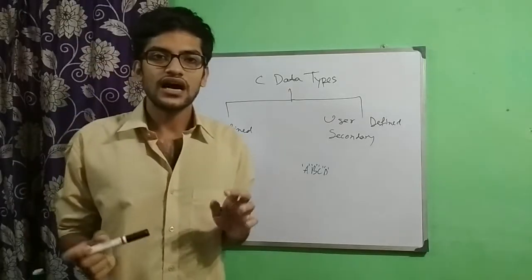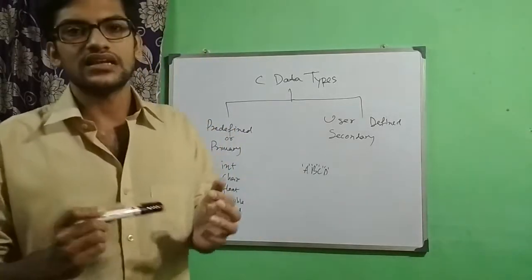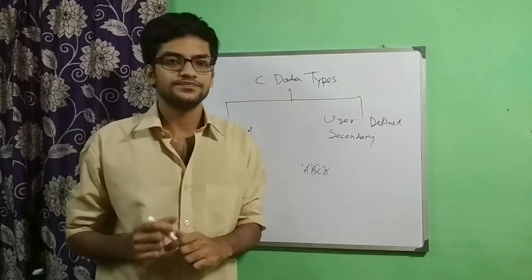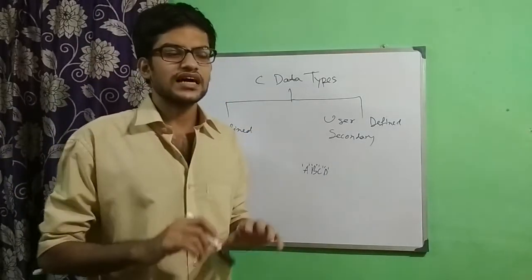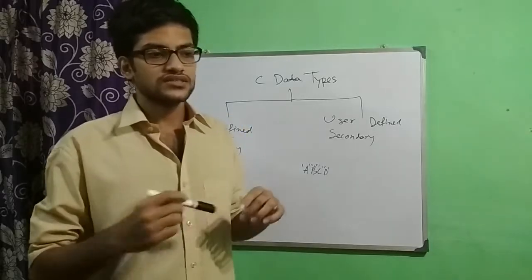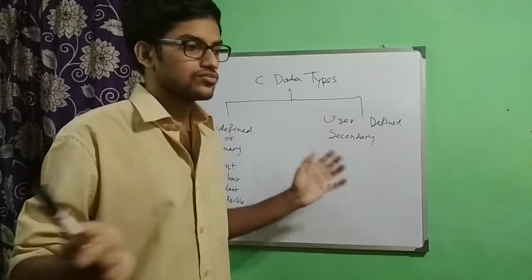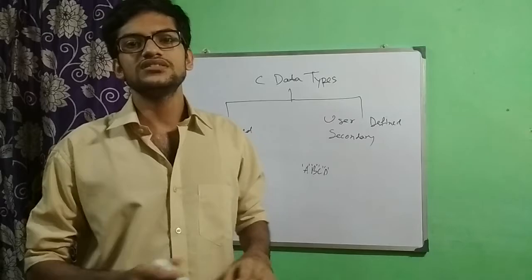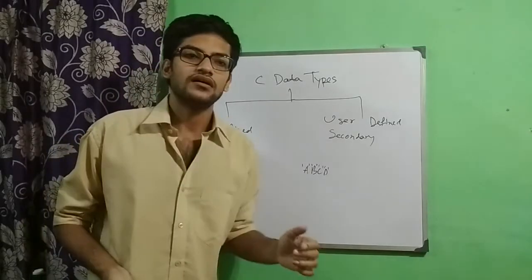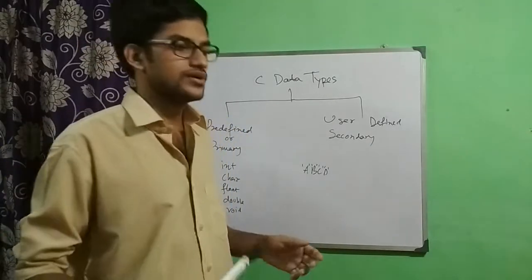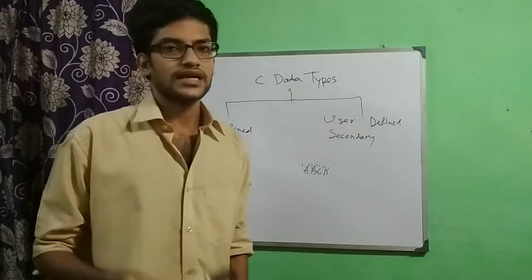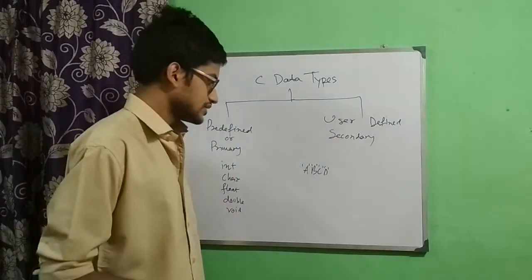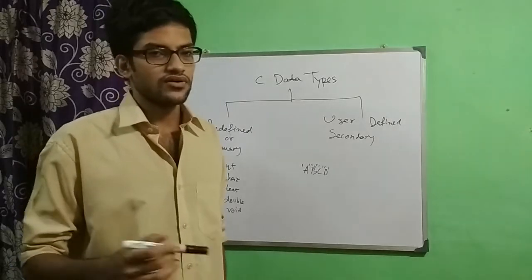So character is the umbrella term for letters, numbers and special characters. When I'm using just one term to refer to all of these elements, that may be a letter, that may be a number, or that can be a special character also. So that's a knowledge apart from ASCII.